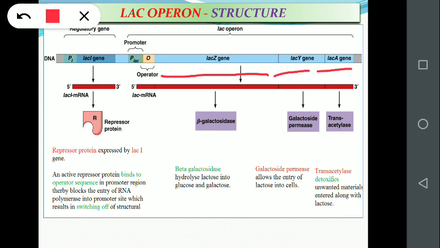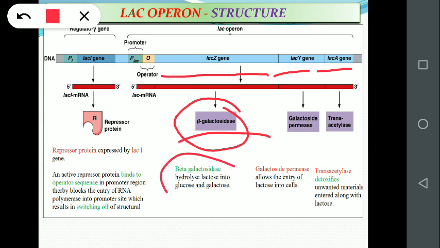Okay, so this lac Z gene is the important gene that produces beta galactosidase. So what is the function of beta galactosidase? Beta galactosidase will hydrolyze the lactose into glucose and galactose. So this is the key enzyme that is involved in the metabolism of lactose.